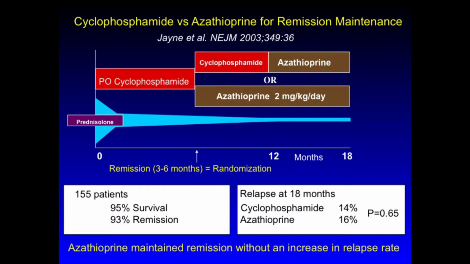We can see in this trial, again, the effectiveness of cyclophosphamide to prolong survival and induce remission, but at the primary endpoint of relapse at 18 months, azathioprine was as effective as cyclophosphamide, therefore providing evidence that it was able to maintain remission without an increase in relapse rate, and also supporting the use of this induction maintenance approach.